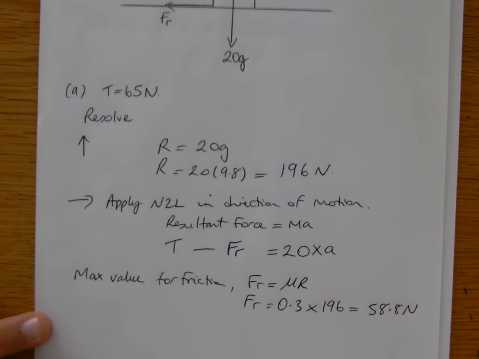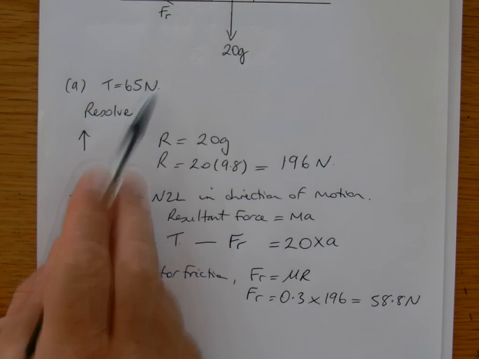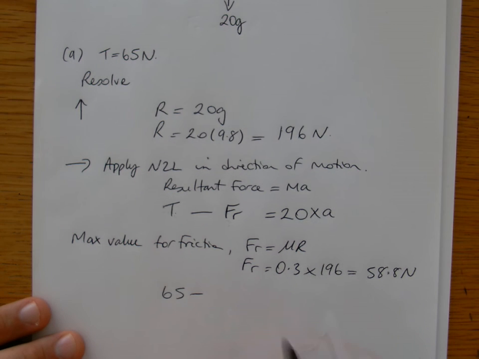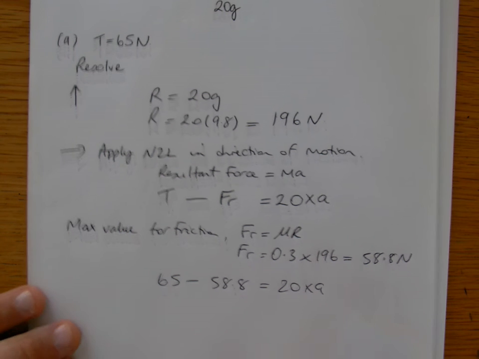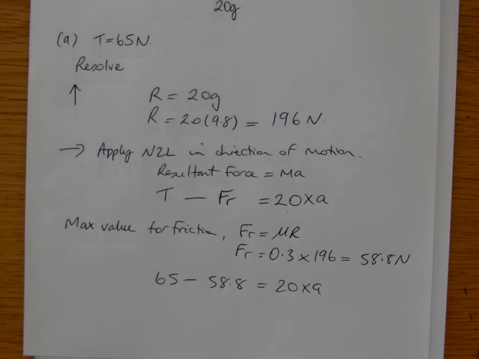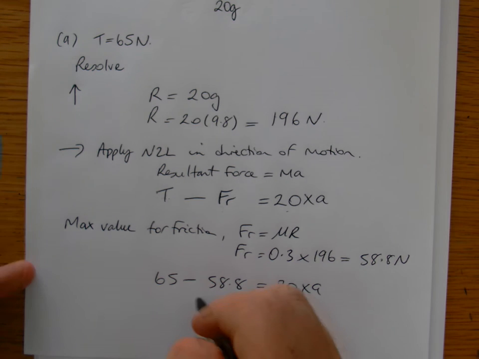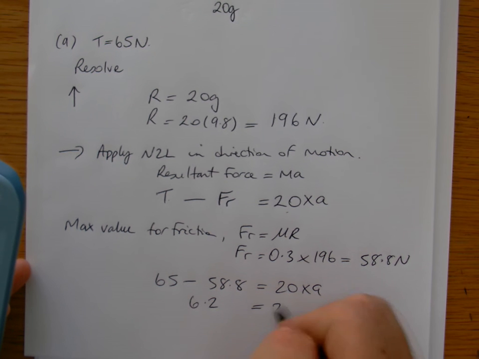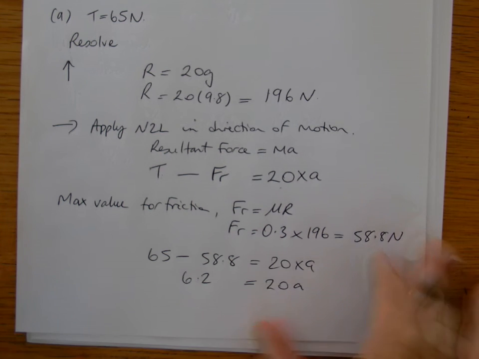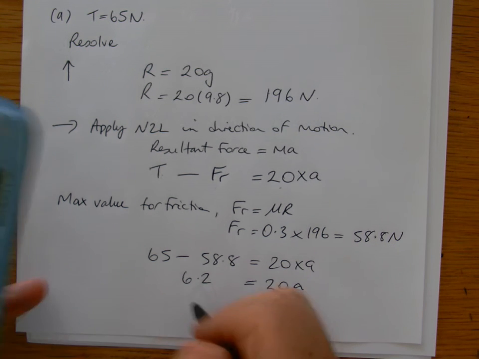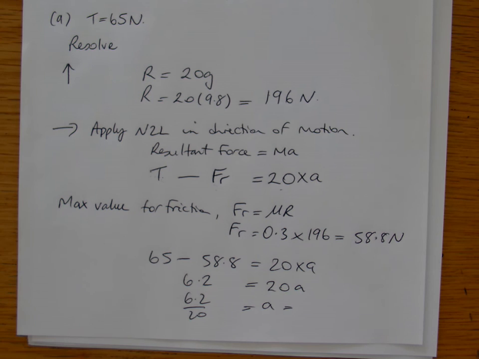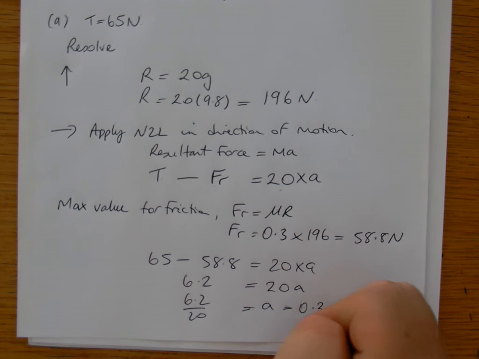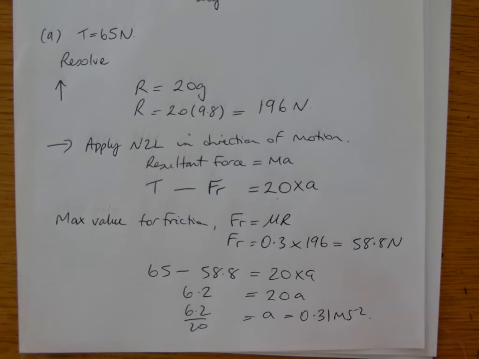Then all I've got to do is apply it here. T is 65, friction is 58.8, equals 20 times A. So 6.2 is 20A. Then divide by 20, and I get A to be 0.31 meters per second squared.